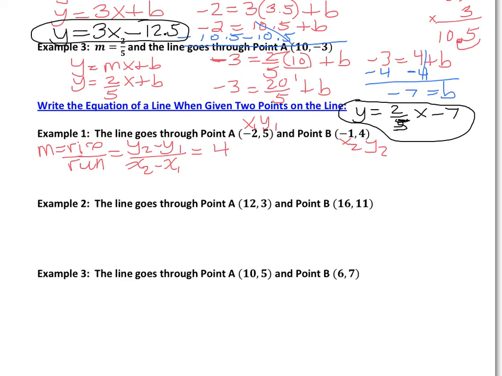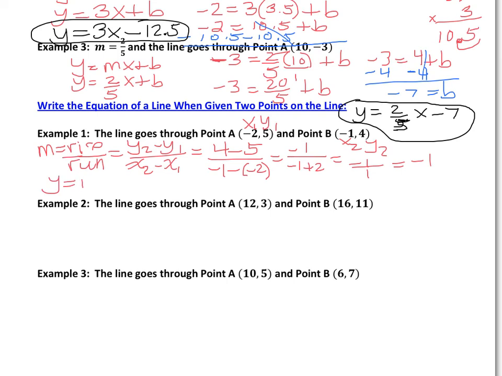We've got 4 for y2 minus 5 for y1, and then I've got to go right back to this x2. So I've got -1 minus, don't forget we're minusing a negative number. So 4 minus 5 is -1. -1 minus a -2 is -1 plus 2. So this is 1 over 1, which is just 1. Wait, as narrated: this is -1 over 1, which is just -1.